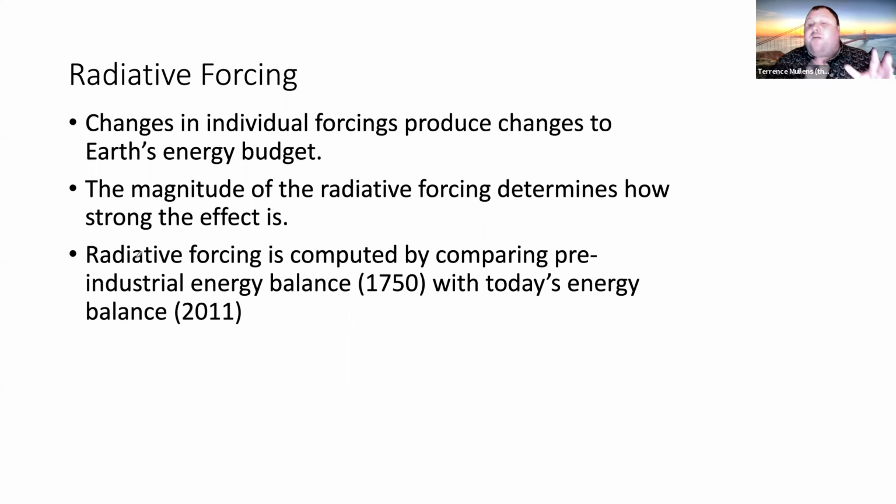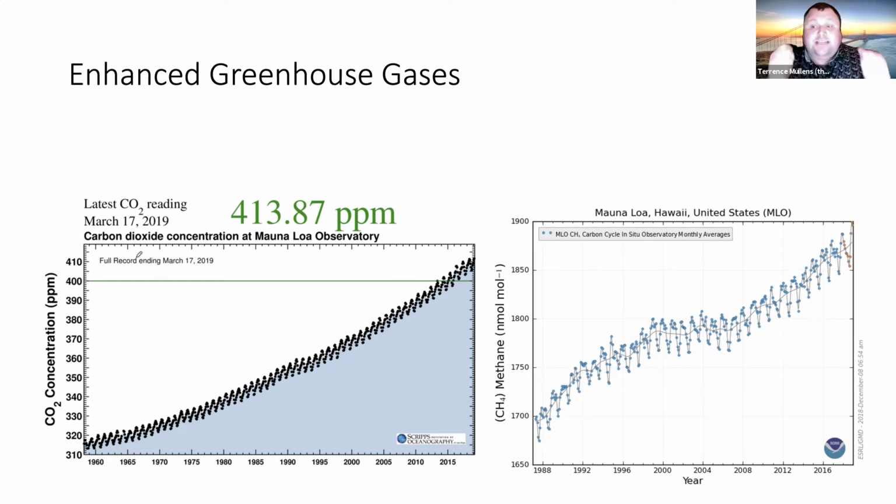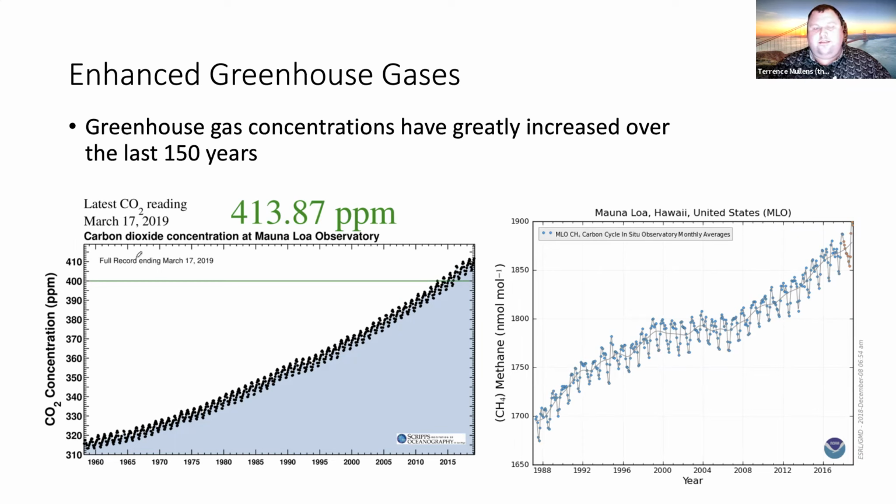Increasing greenhouse gases. Increased greenhouse gases result in more heat being trapped near the surface of the Earth. That now means that there's more heat in the Earth system. That is a positive radiative forcing. So things such as increased carbon dioxide and increased methane are positive forcings.